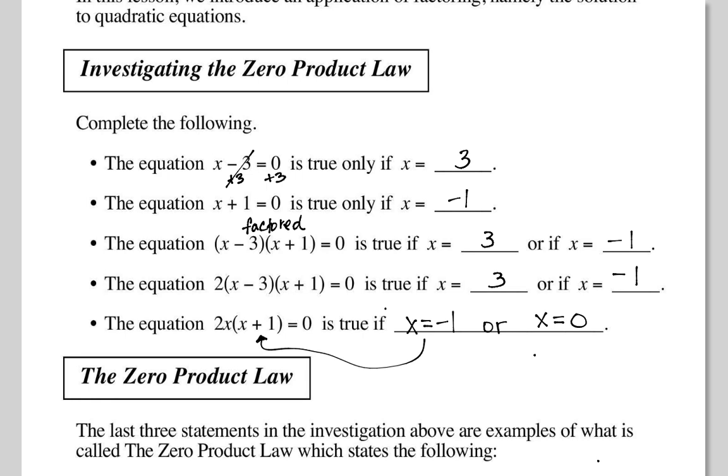Because there's no extra plus something or extra minus something. It's like x plus 0. It's just 0. So if x was 0, this would be 2 times 0. What's 2 times 0? 0. And then 0 plus 1, that's 1. So 0 times 1 is 0. So if it's a binomial, you think of the opposite. If it's a monomial, it's just when x is 0.